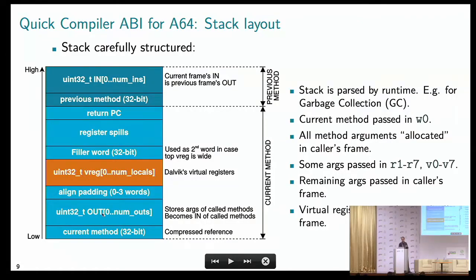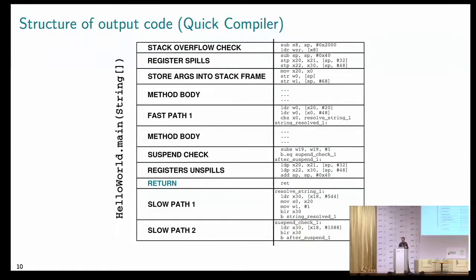Arguments, as I said before, are passed in registers, but we always allocate space for them on the stack. We allocate them in this in region, which is actually the out region of the caller. So the out region of the current method becomes the in region of the next method. Again, I don't want you to understand everything, just the main bits.